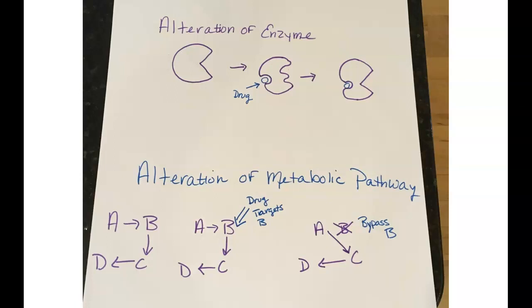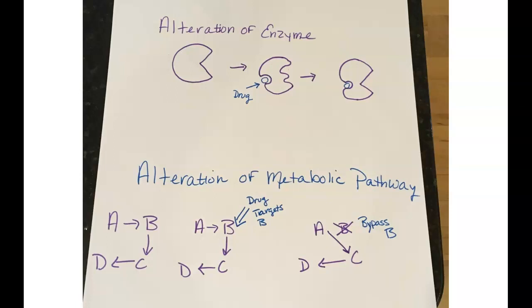And then finally, alteration of metabolic pathway. So if you see on the left, A goes to B, goes to C, goes to D. So if this is the normal pathway of metabolism, if let's say that we design a drug to target B, so the intermediate B in this pathway, in order for the bacteria to get the product D that it needs for its metabolism, if we target B and we take B out, now it's not going to continue with its metabolism.